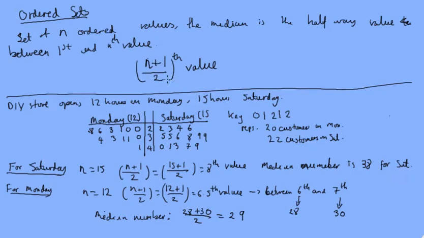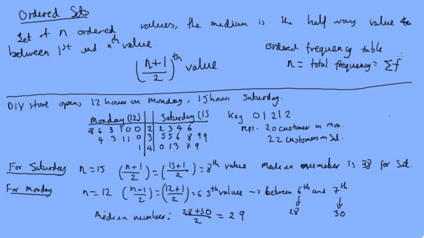So when in an ordered frequency table, n is equal to the total frequency, which is the sum of all the frequencies.